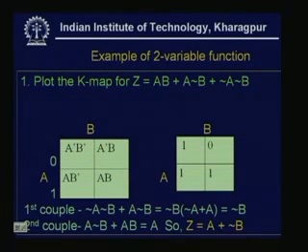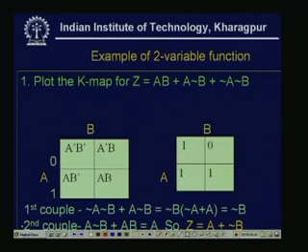So again, if we apply the rule I just mentioned, say for 2 variables, it is AB plus A bar B, AB bar plus A bar B bar. So these are the Karnaugh map cells, and the min term that exists is AB. The first couple will be A bar B bar.